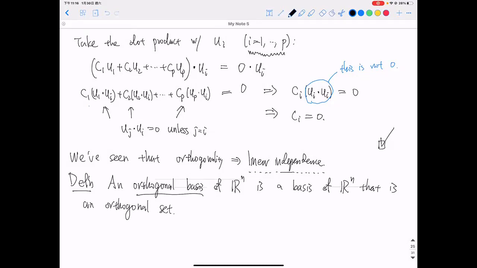Okay. All right, so the notion that we're defining is called orthogonal basis, and it's simply a basis that is also an orthogonal set, which means that the vectors in this basis are pairwise orthogonal.